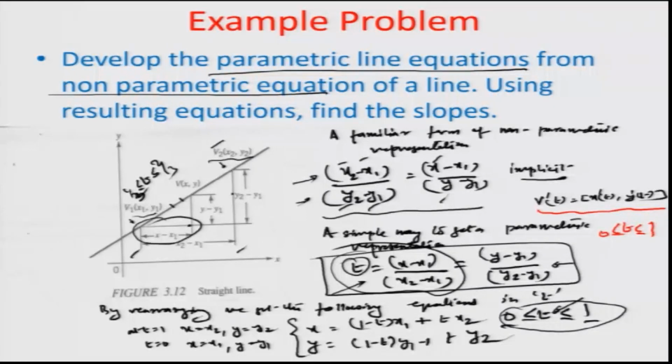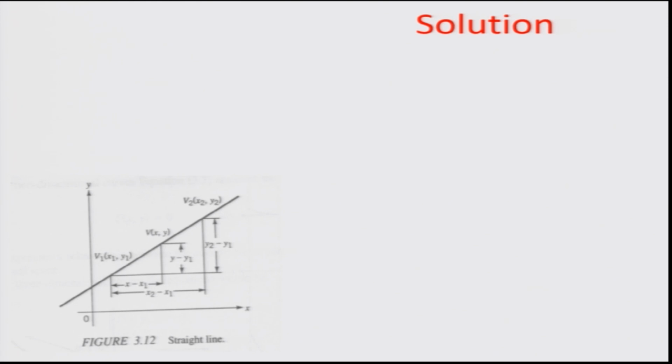So, this is a basic premise needed for the parameterization process to be well defined. So, here x'(t) will be equal to minus x1 plus x2, and similarly y'(t) should be equal to minus y1 plus y2, and obviously V'(t) becomes equal to y'(t) by x'(t).